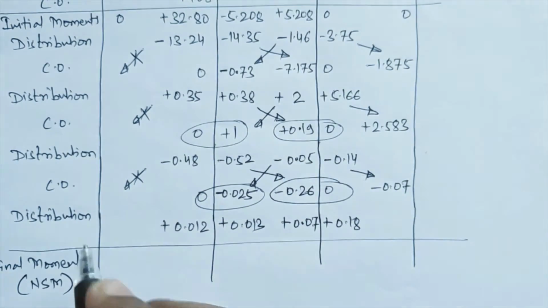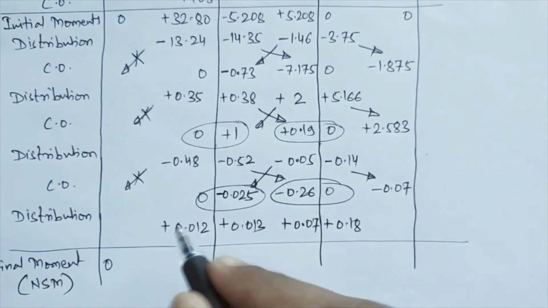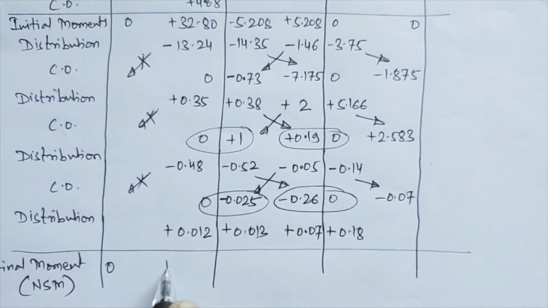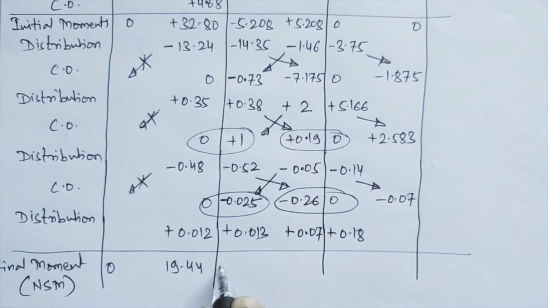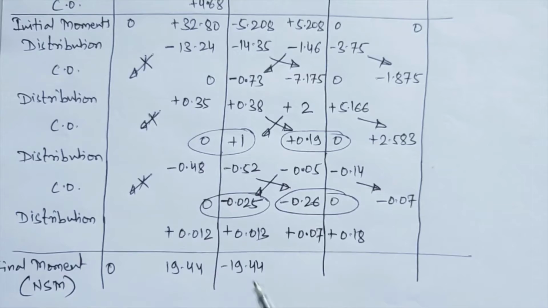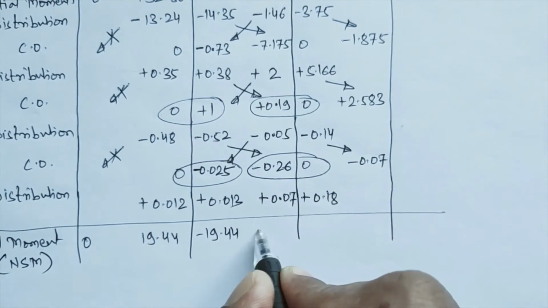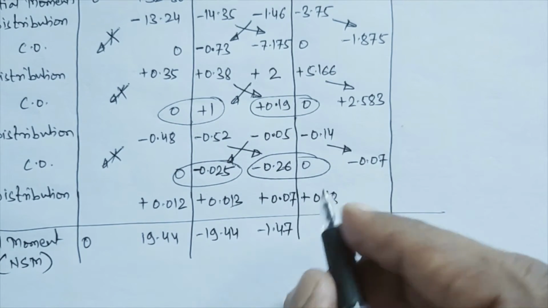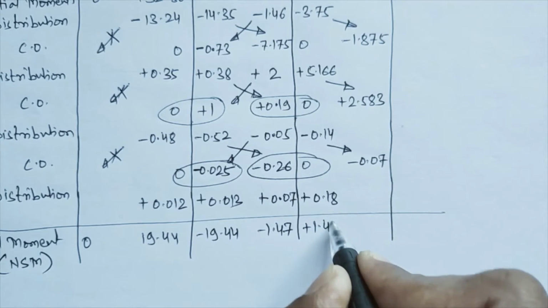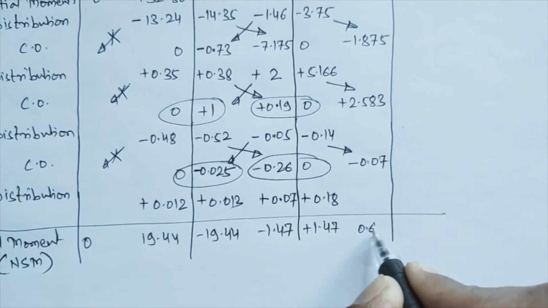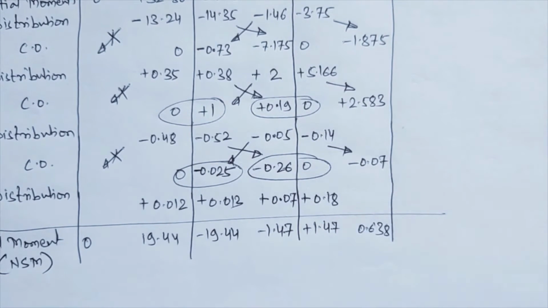Okay, so summation of this you get 0, and this I am getting as minus 19.44. You check these values: this I get as minus 1.47, this I am getting as plus 1.47, and this I am getting as plus 0.638.